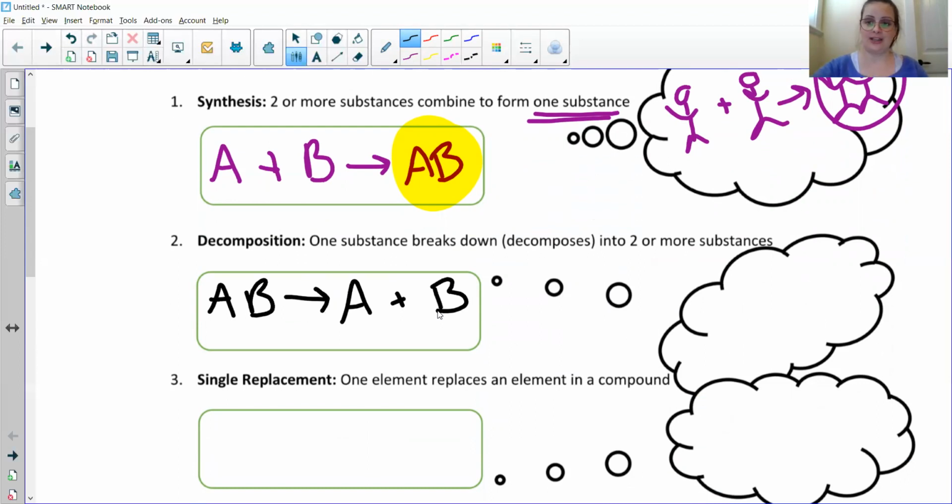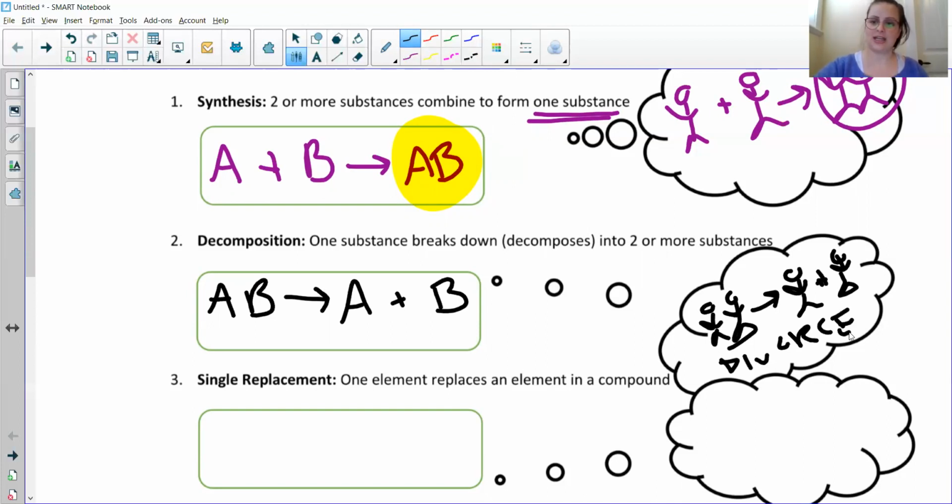An analogy for this is that happy couple is no longer happy, and they get divorced. Okay, so this is the divorcee reaction type, and the other was the marriage reaction type.